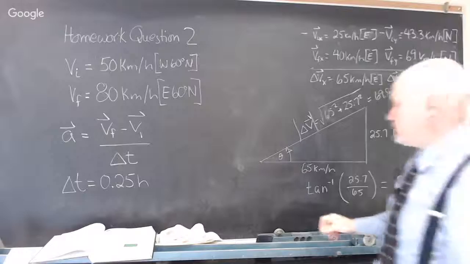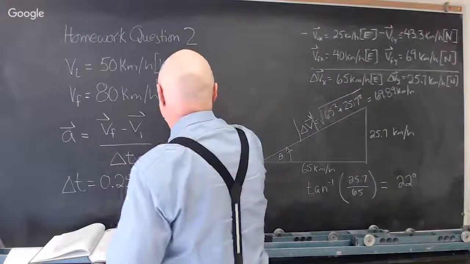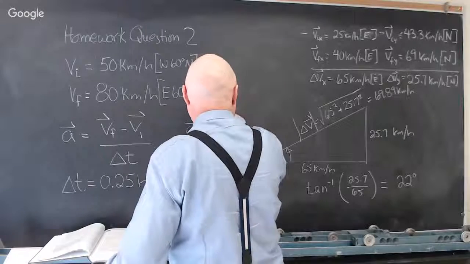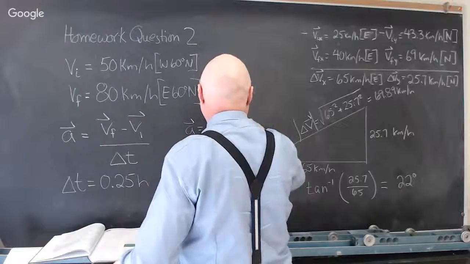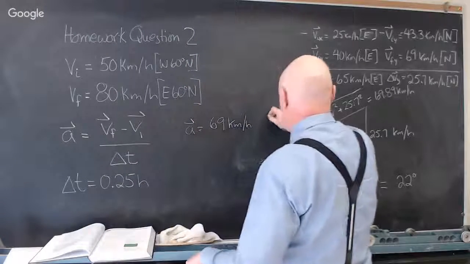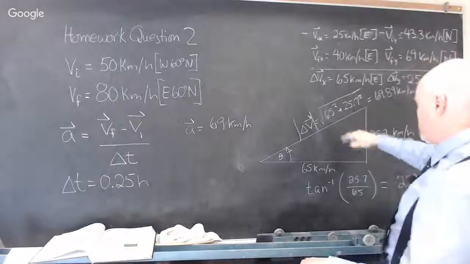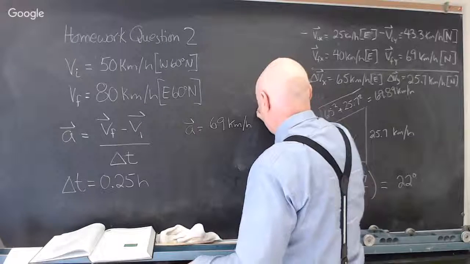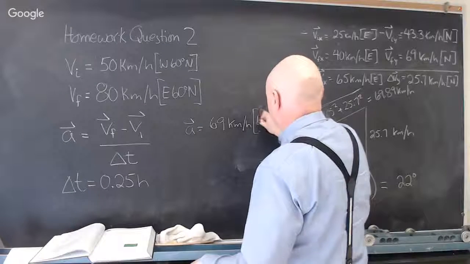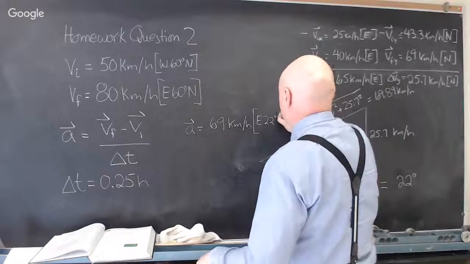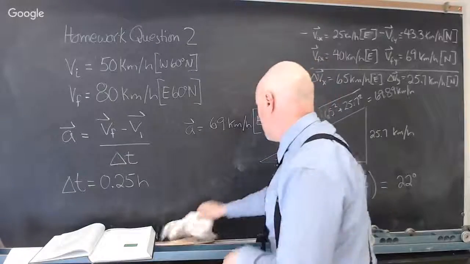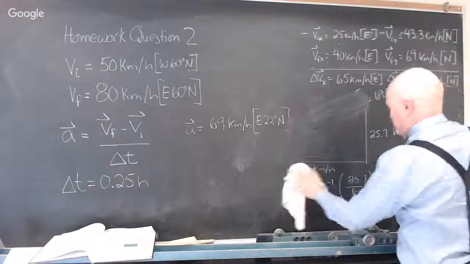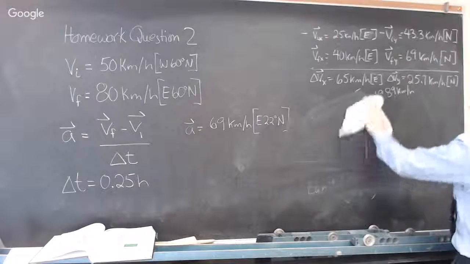This is our delta V. So a is equal to 69 kilometers per hour. And then this whole shooting match with 22 degrees east, 22 degrees north. Going to erase this triangle. Truck's full of dynamite. Want to get blown up.